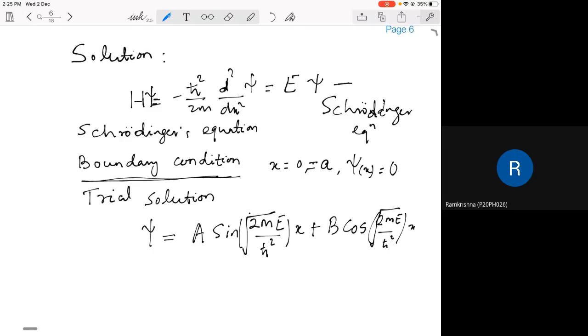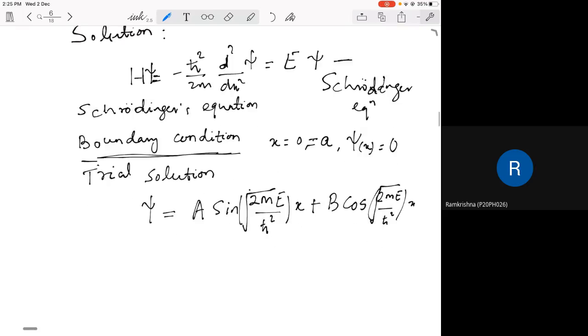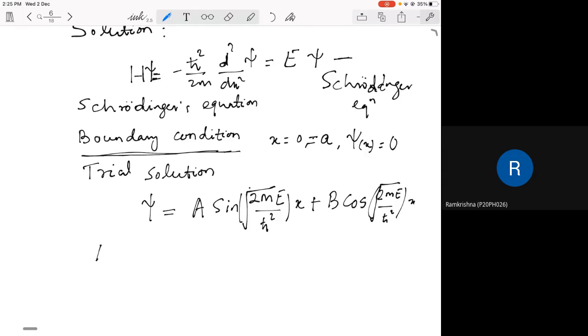This is a possible solution for that particle. And then if you apply the boundary condition, the boundary condition tells you that b will be equal to 0.